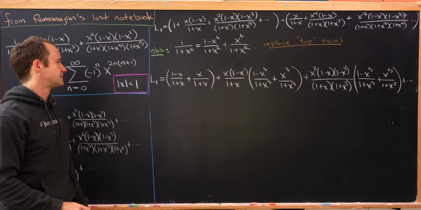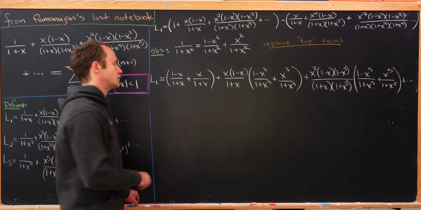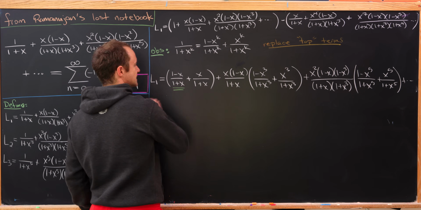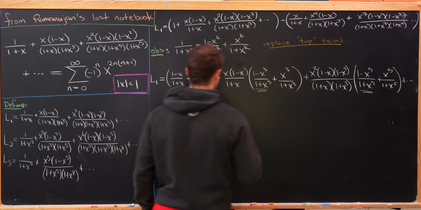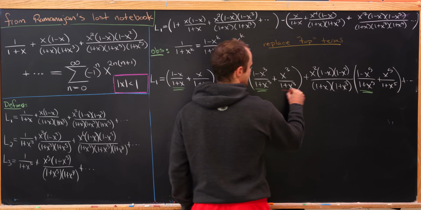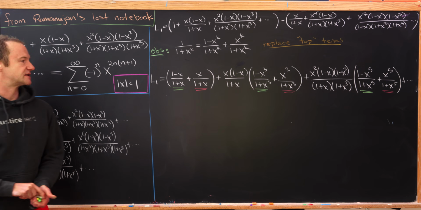Okay, nice. But now we're going to pull that apart into two pieces as well, based on these first terms from each set of parentheses, and then also these second terms from each set of parentheses, which I'm underlining in green and red respectively.